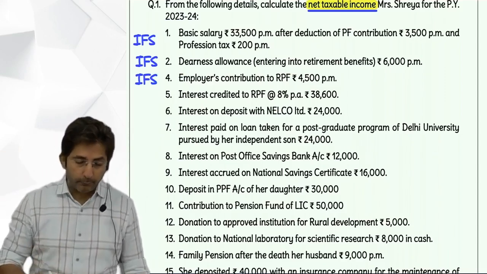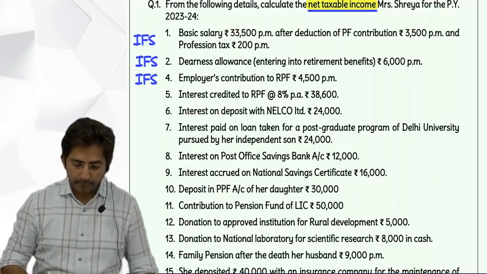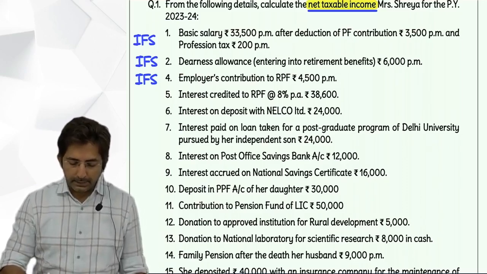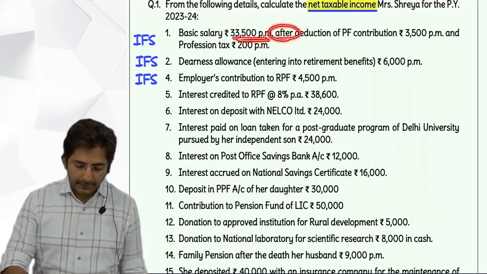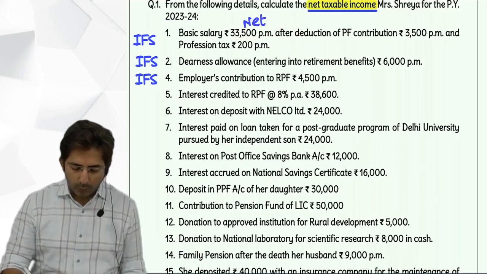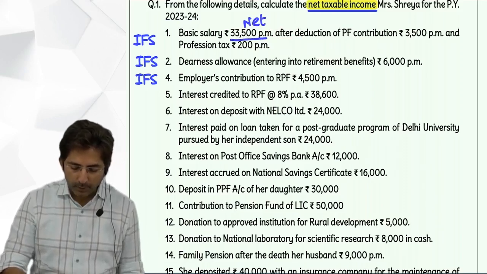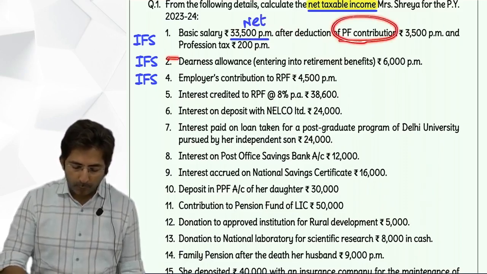Wait. One thing we forgot. Read the first point again. Basic salary 33,500 after deduction. Okay. That means this was a net amount. But tell me what was deducted from her salary? Employee's contribution and profession tax.